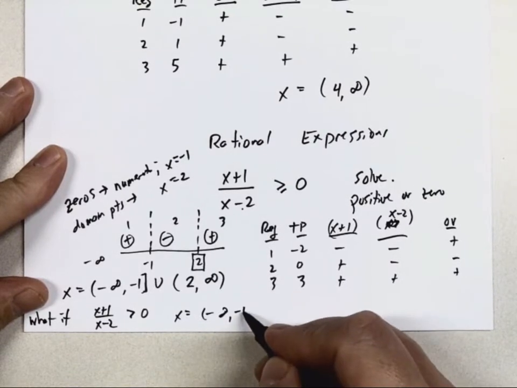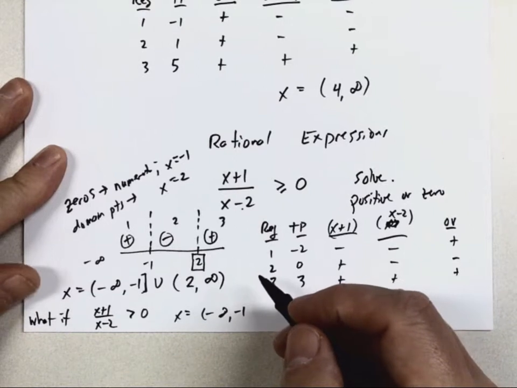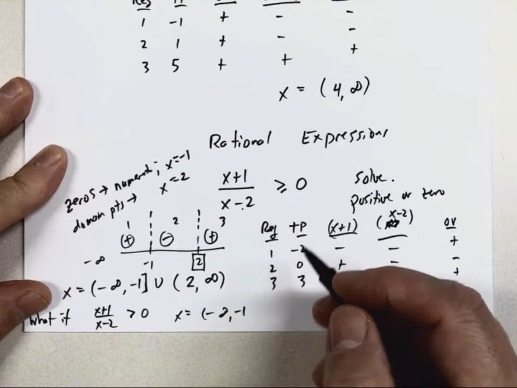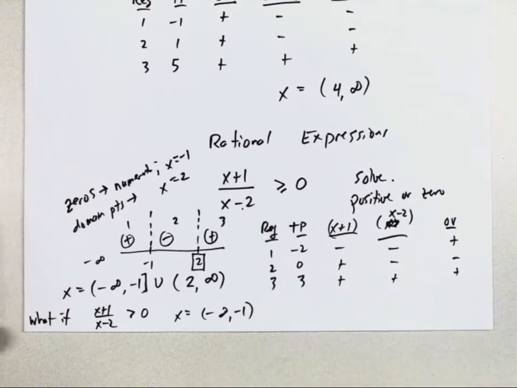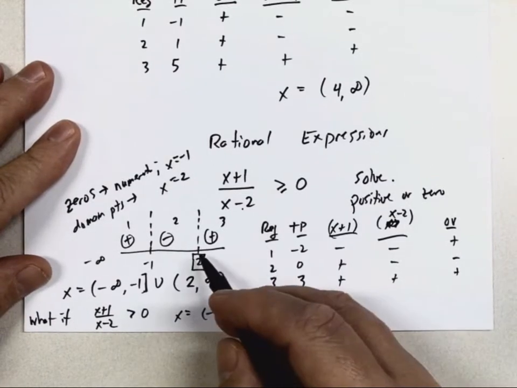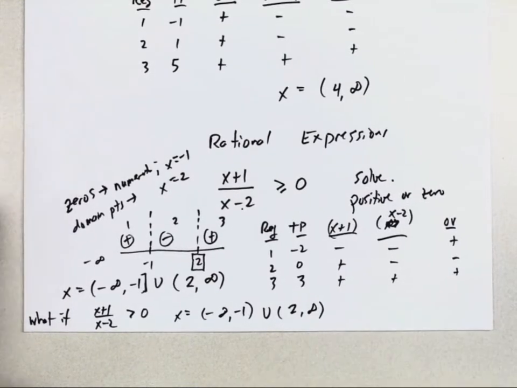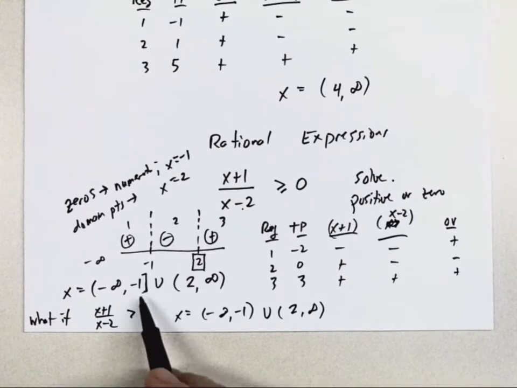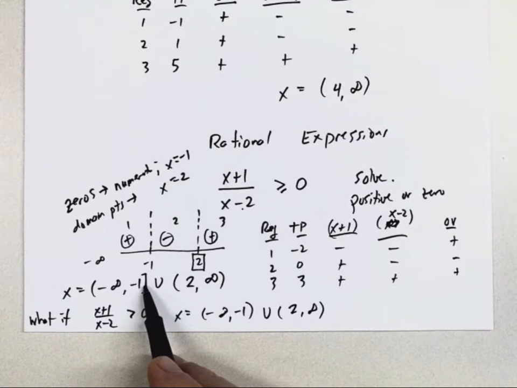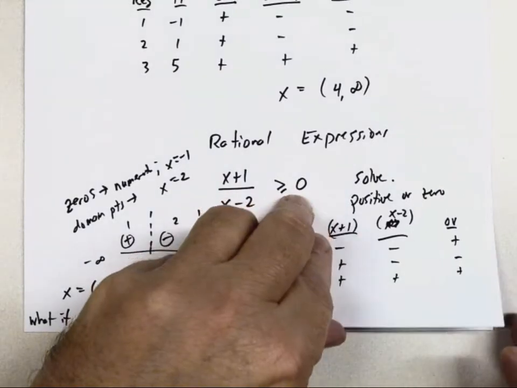Except in this case, you would not include the -1, because the -1 is where it's 0, and I'm not including the 0, and then union it with the other region. So really only one change, this bracket and this parenthesis. All right, let's do one more of those kinds of problems.